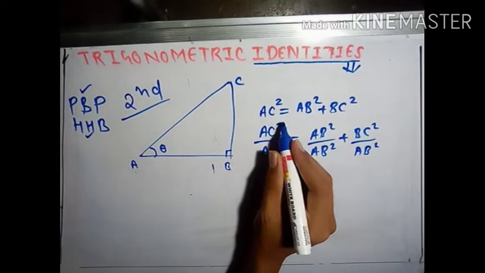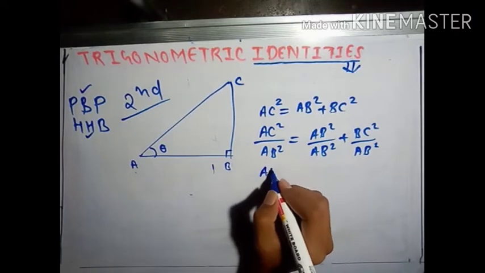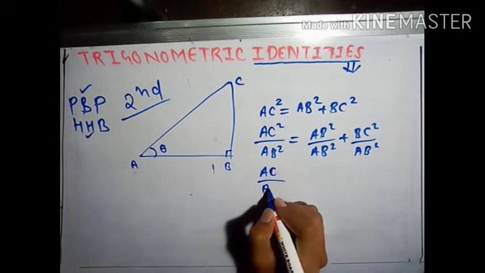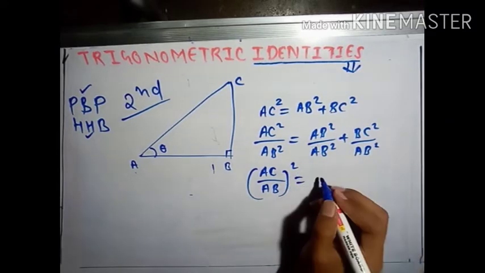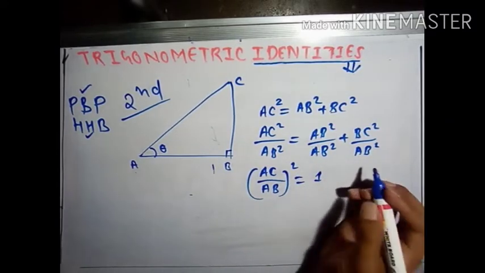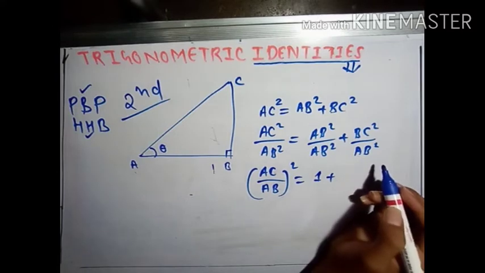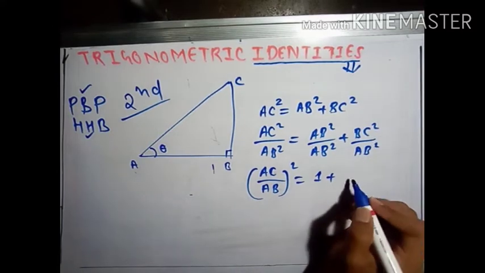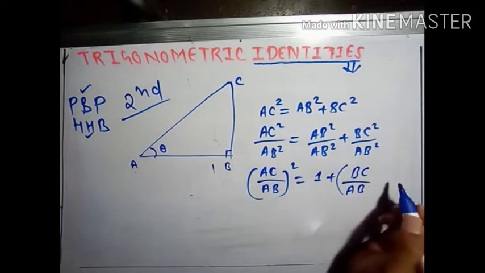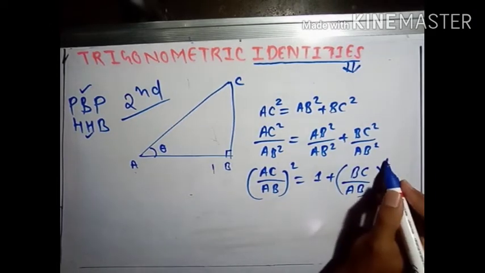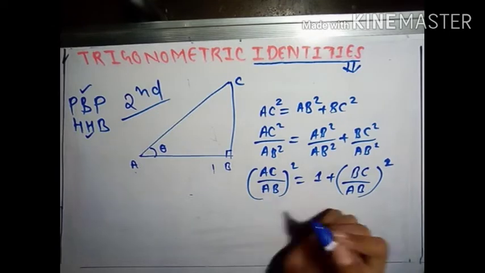Now look here, AC square upon AB square, again you can write it as AC upon AB whole square, and this equals 1 because AB square upon AB square, plus BC square upon AB square. Again we can write it as BC upon AB whole square. Now we got the ratio.